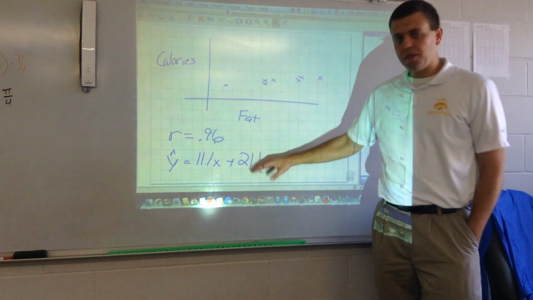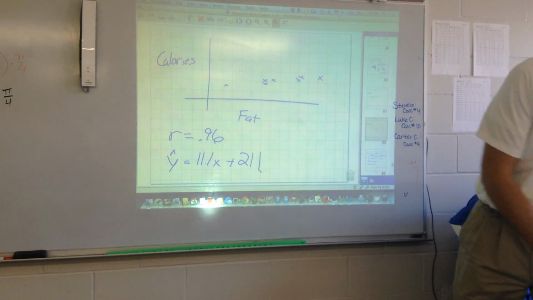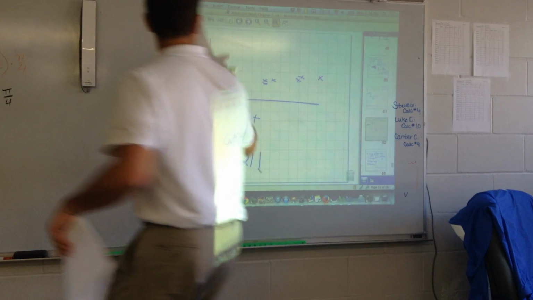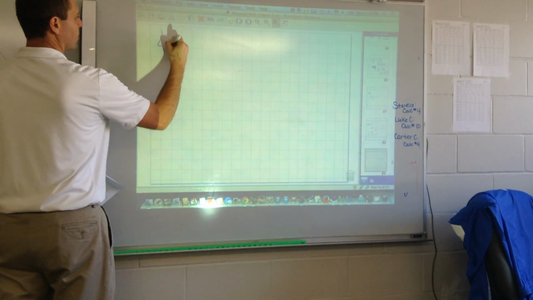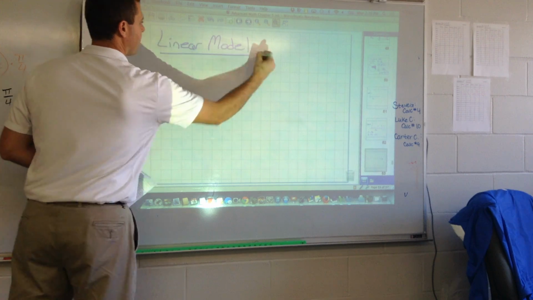Now, this right here is our linear model. You probably saw that term in the text. Linear model.